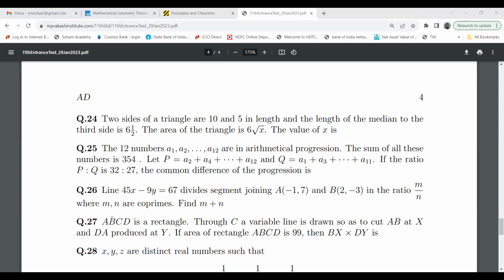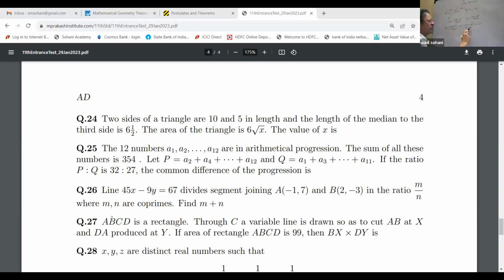Okay, yes. So I am substituting the value of x in the given equation. 45 into 2m minus n upon m plus n minus 9 into minus 3m plus 7n upon m plus n is equal to 67. Okay, I can see clearly the denominator is m plus n in both the cases.